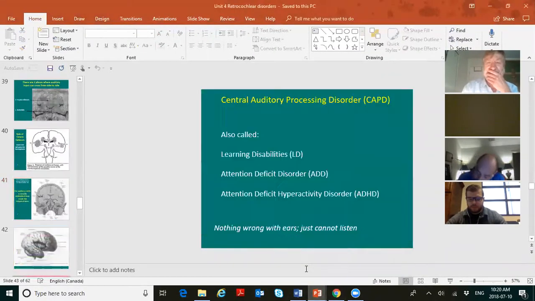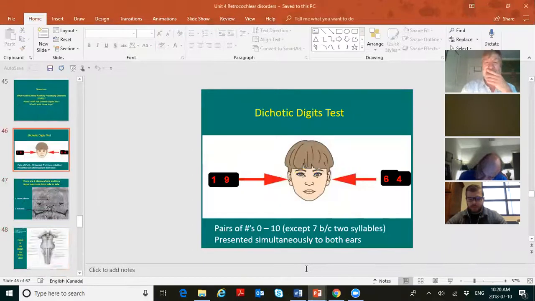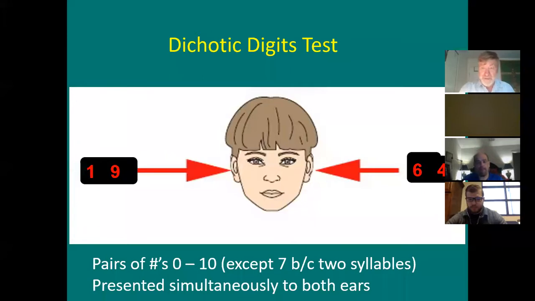Oh, here it is. There's the guy. There's the little kid. All right. Sit down. All right, kid. We're going to put headphones on you, and you're going to hear digits. And the digits are going to be between 1 and 10. But we're not using the number 7 because 7 has 2 syllables.